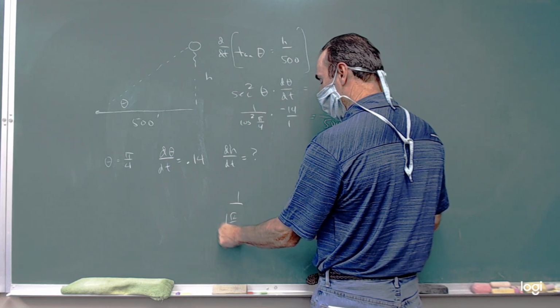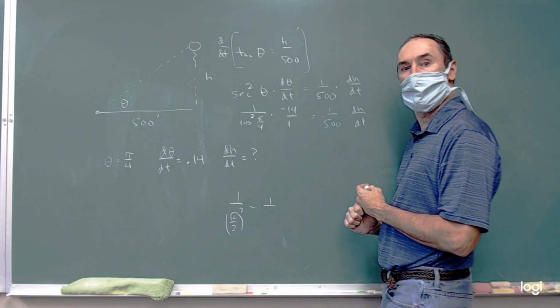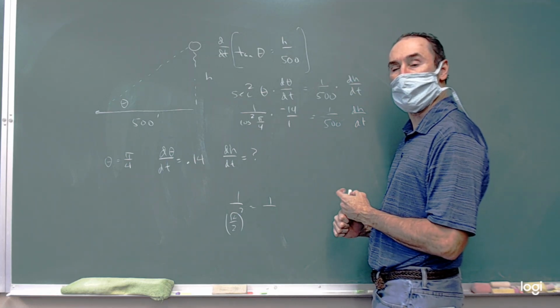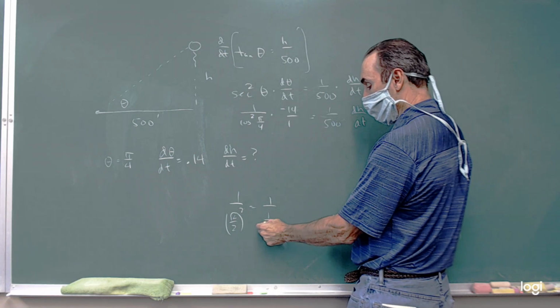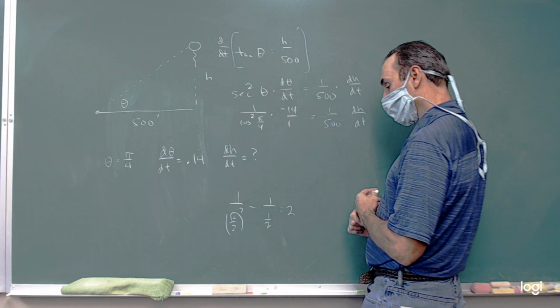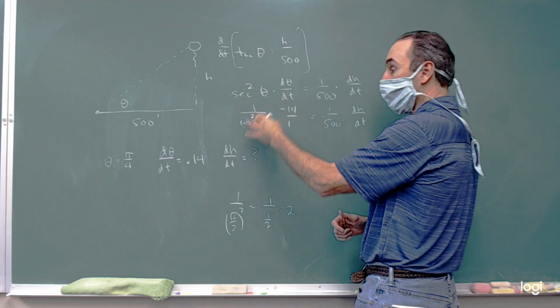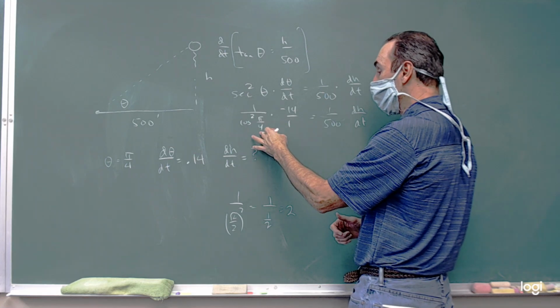Good. And if we square that, what does that become? 2 over 4, which is otherwise known as a half, and to divide by a half is to multiply by 2. So this whole secant squared of pi over 4 is 2.